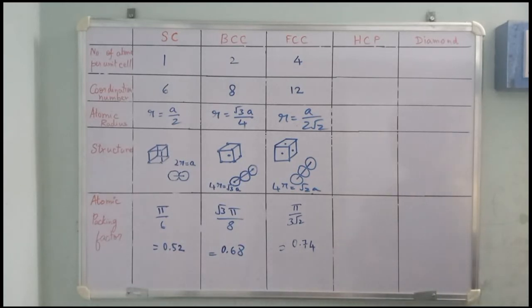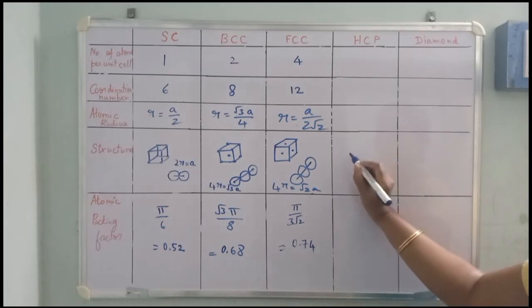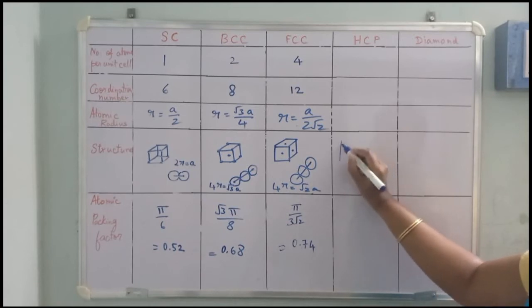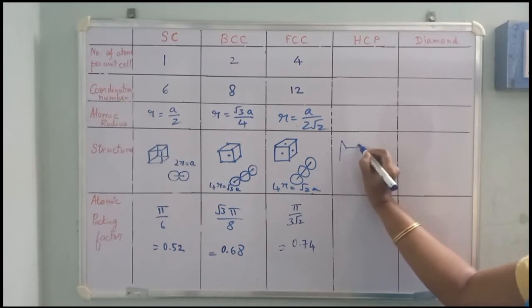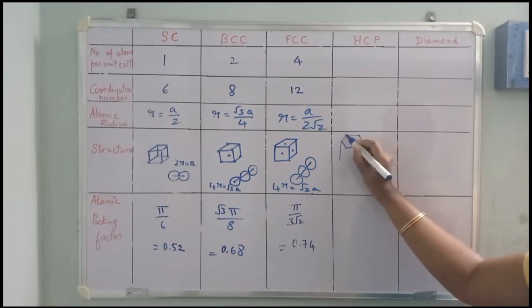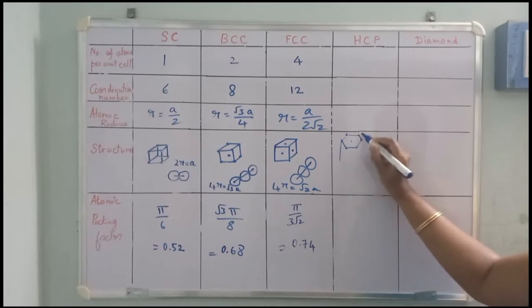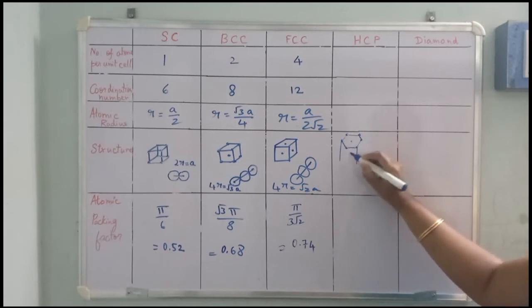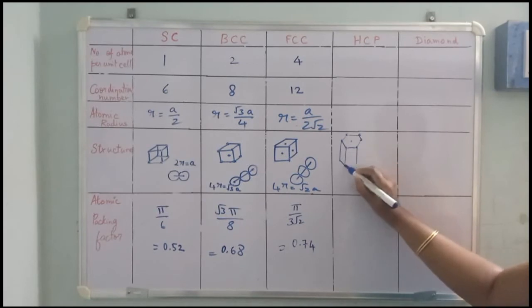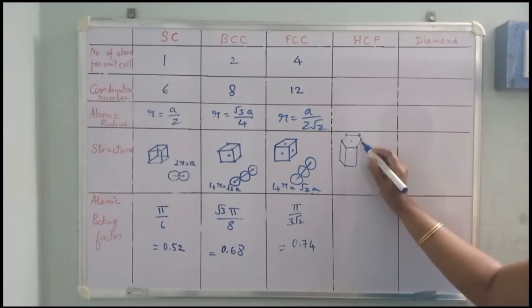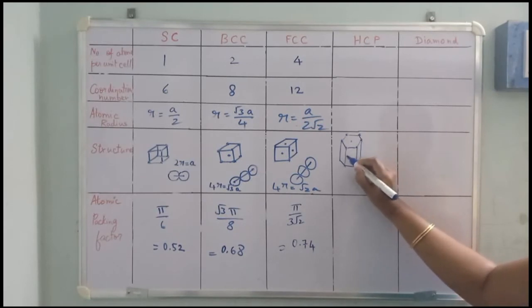In case of HCP, it is a hexagonal close packed structure where the top and bottom faces are hexagons, and within the body of the HCP you have 3 atoms.